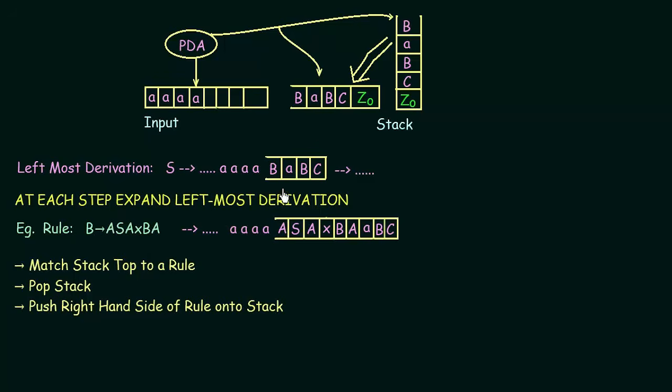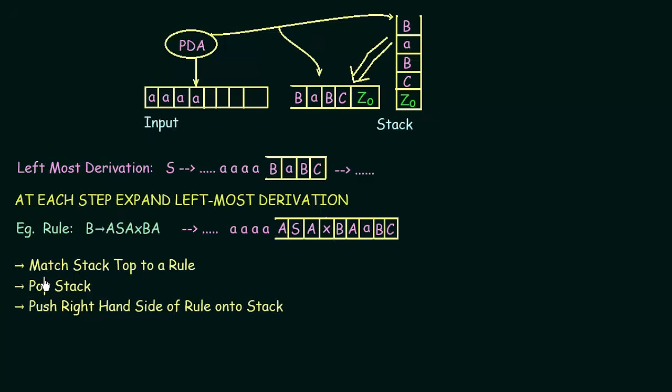ASA X BA, B is popped and ASA X BA is pushed onto the stack, and then the rest of the things ABC remain as they are. So ABC was already there, and on top of that we push the right hand side of the rule. And the things that were already scanned are here as they are. Okay, so this is the state that we reach when we do this.